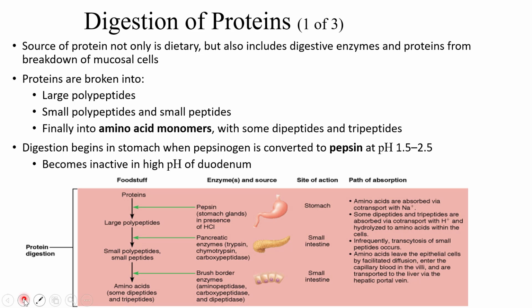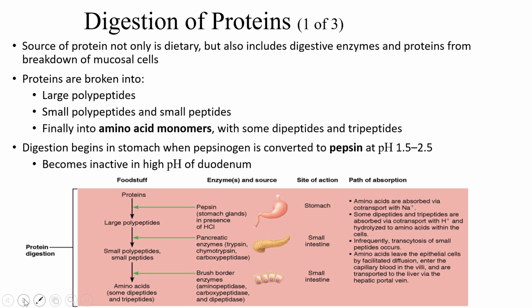So now let's get to how proteins are digested. Proteins are not only getting into our body through dietary sources, but also include the proteins in our own digestive enzymes. They're actually also proteins, and we also have proteins that are broken down from our mucosal cells and from our mucus, and therefore we are digesting them also.